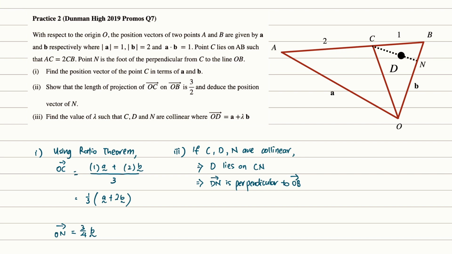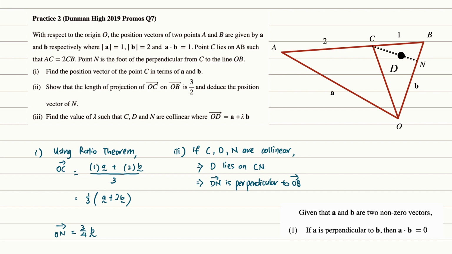Now when you hear the word perpendicular, always associate it with the property vector A dot vector B is equals to 0. So we can also conclude that vector DN dot vector OB is equals to 0.